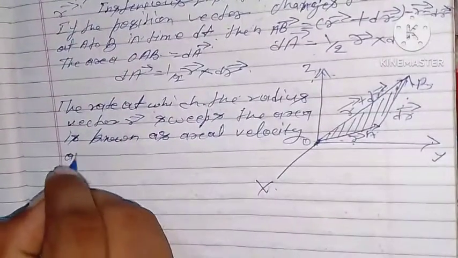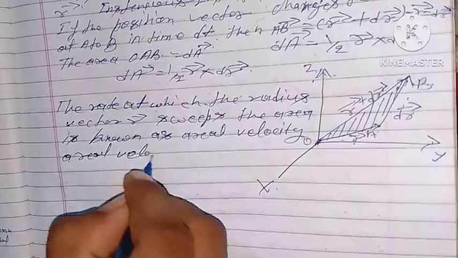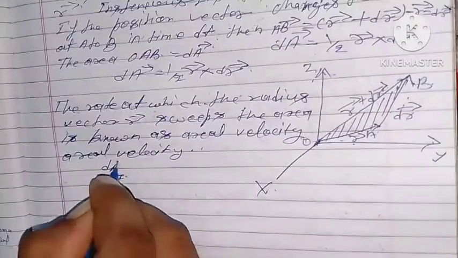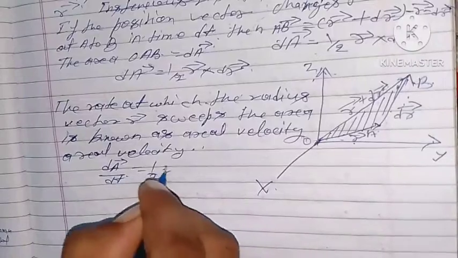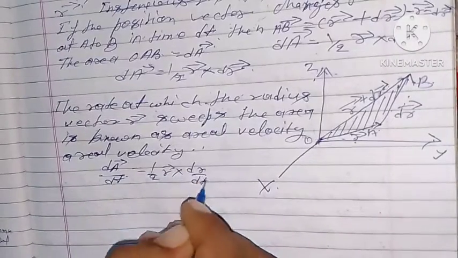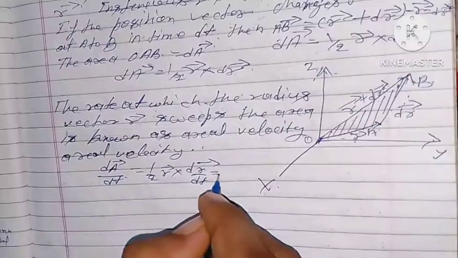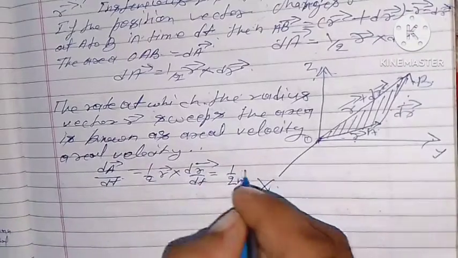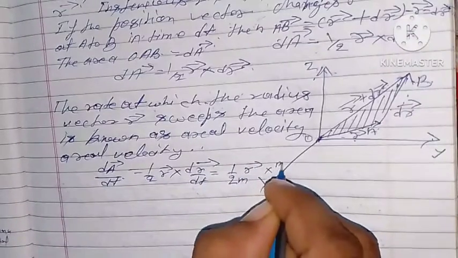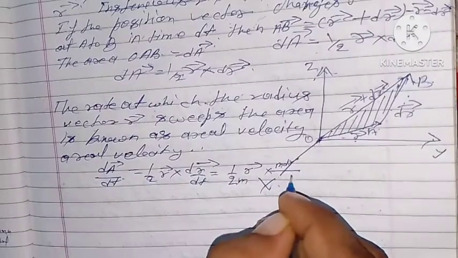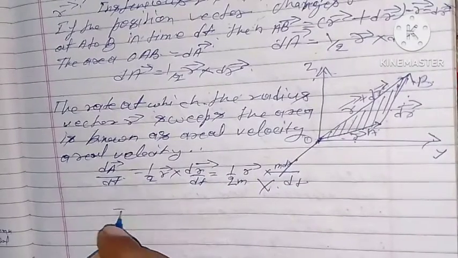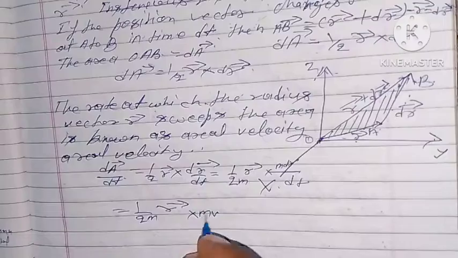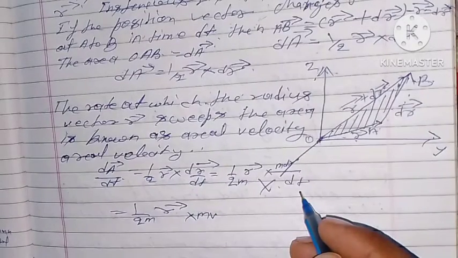Areal velocity, dA by dt vector, equal to 1 by 2 vector r cross vector dr by dt, equal to 1 by 2m vector r cross m dr by dt, equal to 1 by 2m vector r cross mv, where dr by dt equal to v.